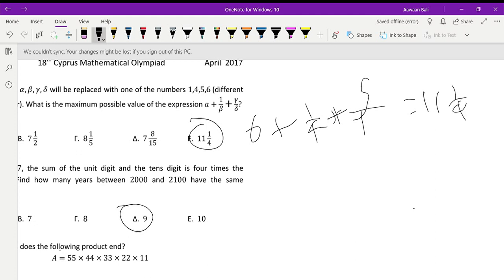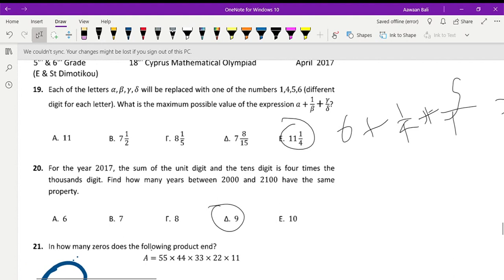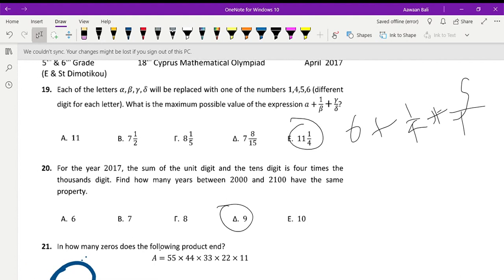That is how it works basically. And then you get 11 1 upon 4, because we have the smallest one here, and then we have 6, and then we have 5 upon 1. So therefore we get 11 1 upon 4, and since that's the biggest option, we go with eta.